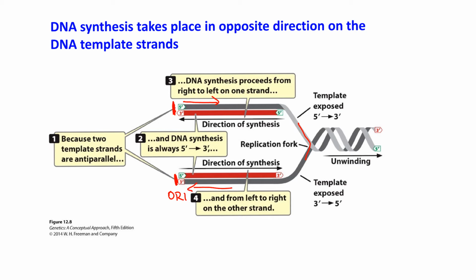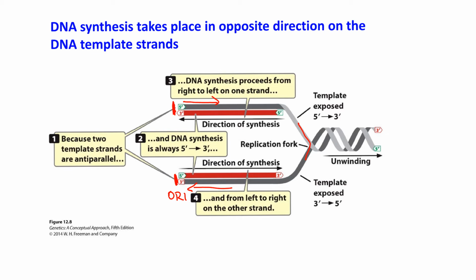So basically what happened is that the newly synthesized strand also has to go in the opposite direction. So if this original strand is 5' to 3', it would be copied from here.